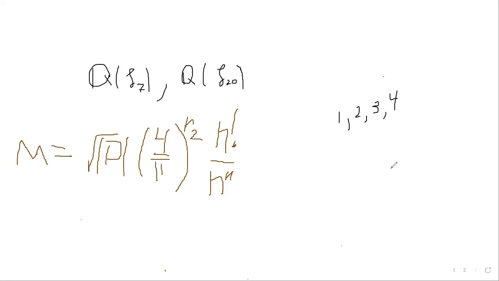If we can show that there are no elements of norm 2, 3, and 4, we will get that there are no proper ideals, and that's very strange for a ring. That's right. So what we want to do is show that if we have an ideal of norm 2, 3, or 4, this ideal must be principal.